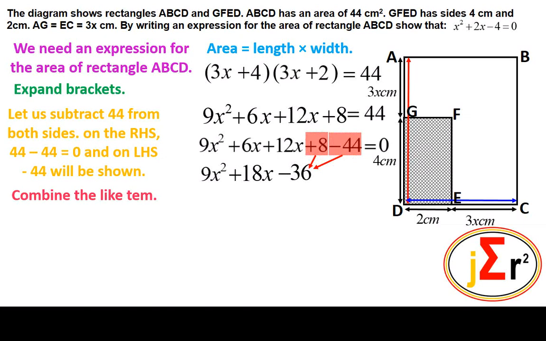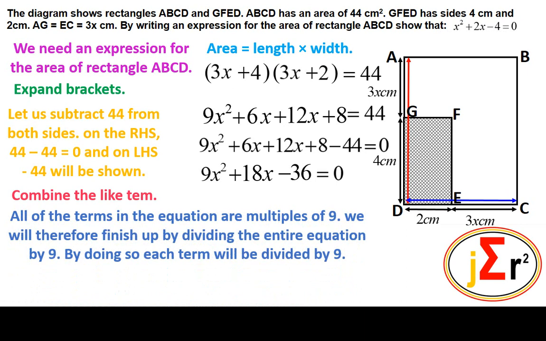They are combined to give negative 36. And do not forget, because some students will forget, that we have to equate to 0. As a matter of fact, maybe now you will forget to equate to 0, but in the long run, you will have to make amends for it because the final expression is equated to 0.